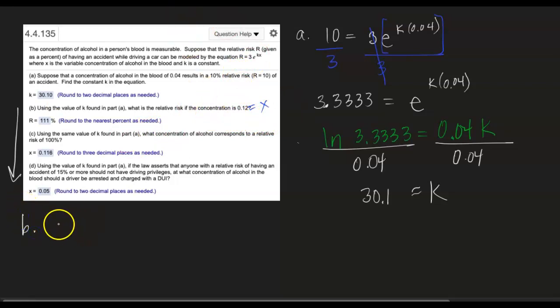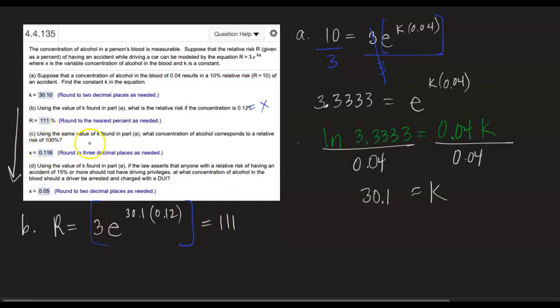So for here in part B, we're now solving this equation where we know k is 30.1 and we're given x is 0.12. So we could simply type in exactly what we see here on this side, and we can get that r is 111, rounded to the nearest whole number, actually.